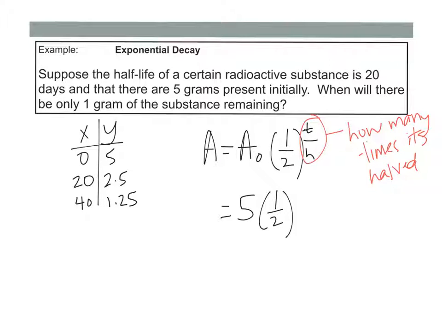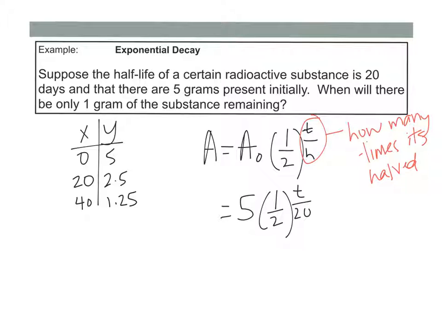Like we talked about yesterday, if you're growing by 10%, it's 1 plus 0.10, and you get 1.1. If it's shrinking by 50%, which is what's happening here since we're halving it, think of that as 1 minus 0.5. Well, 1 minus 0.5 is 1/2, so that's why it's 1/2 here. Then t, which is time, over h, which is 20.